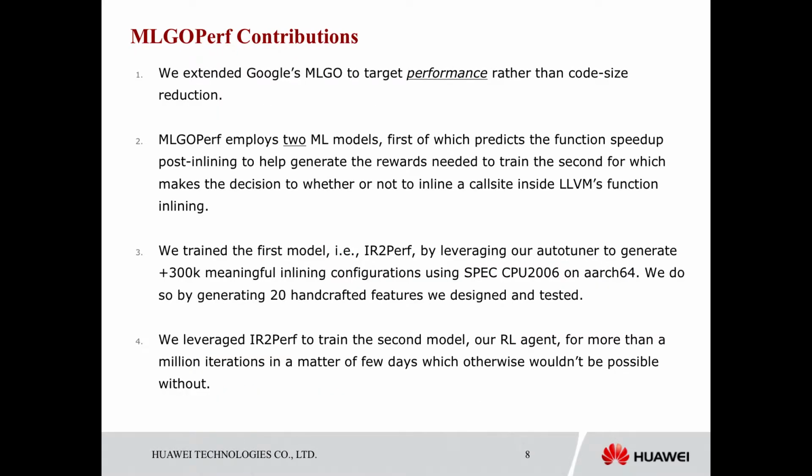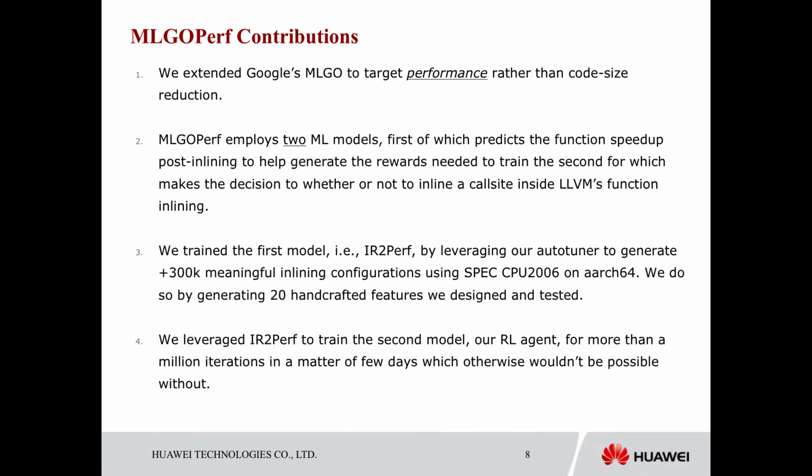All right, so what we've been doing with MLGOPerf is we wanted to extend LLVM MLGO to target performance rather than code size. In this methodology, we applied a secondary ML model, which we called IR2Perf.